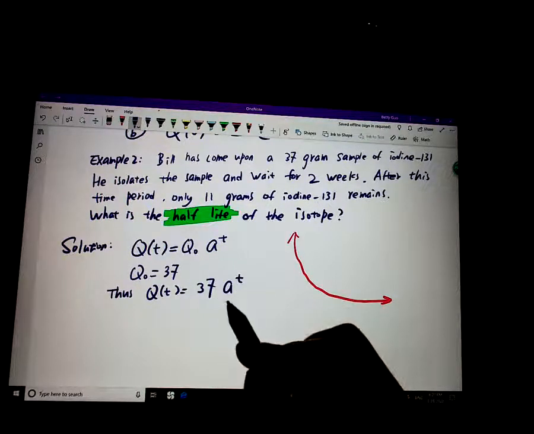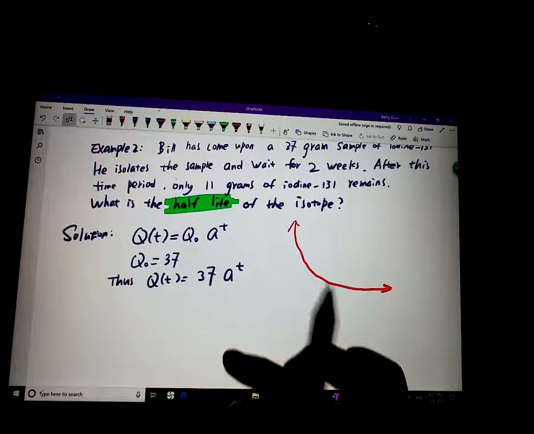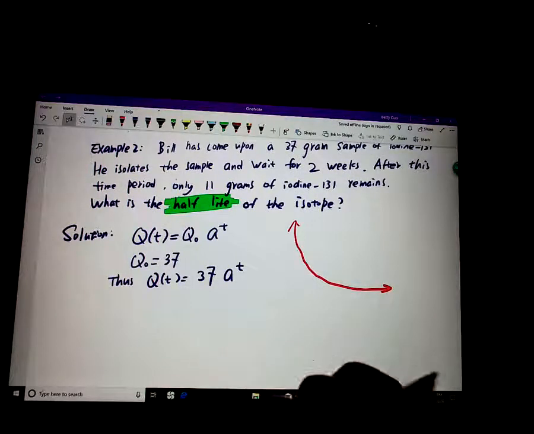We have an unknown in this function, the base a. We do not know the value of a, so we have to figure it out on our own. Let's see what kind of information we have. It tells us after 2 weeks, that is 14 days, right? Let's say t is in days, that is 14 days.